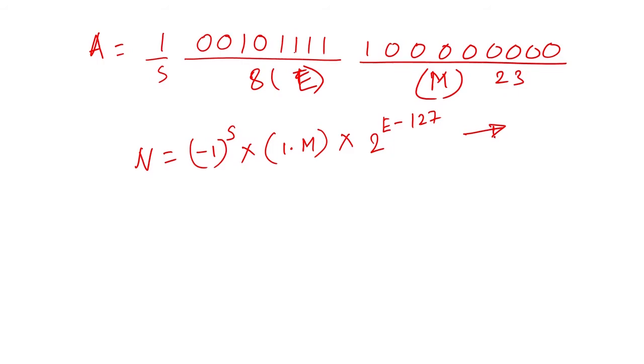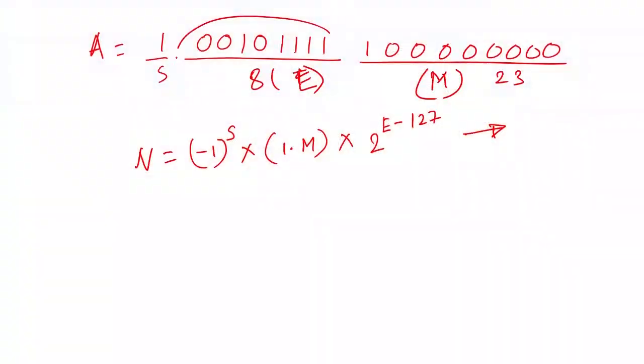So, what you have to do? We have to get the actual exponent, you have to subtract the bias. Earlier we were adding, now we have to subtract. So, we have to find what this value actually is, and this is a negative number, okay. How do you get it? This is 2 to the power 0 which is 1, this is 2, this will be 4, this will be 8, this will be 16, this will be 32.